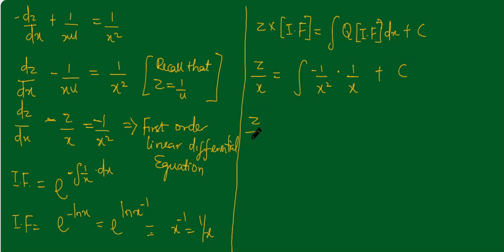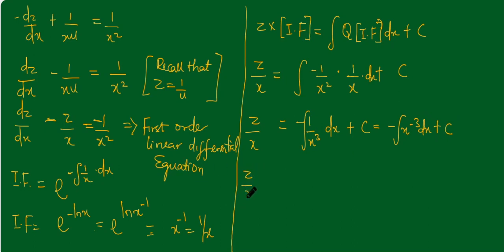So we have z over x equal to minus integral of 1 over x cubed dx plus c, which is minus integral of x raised to power minus 3 with respect to x plus c.